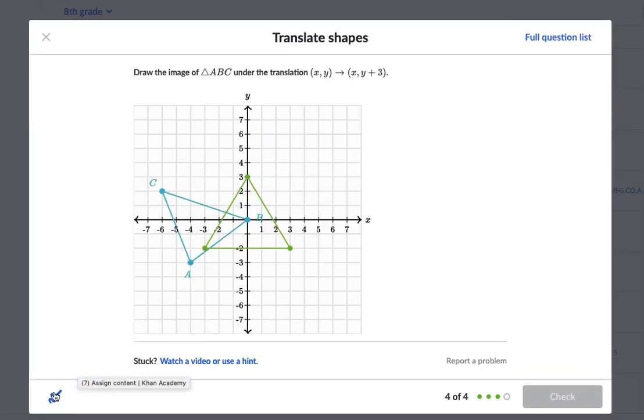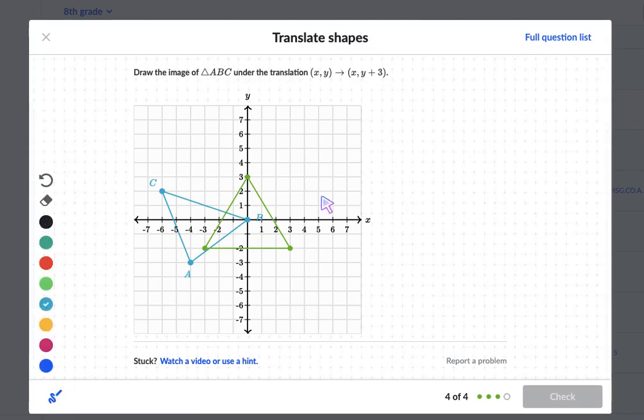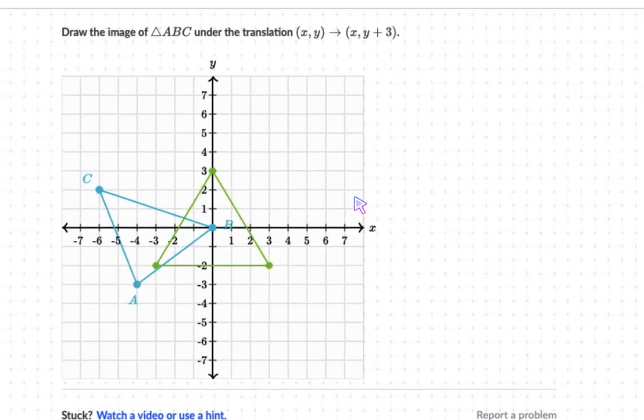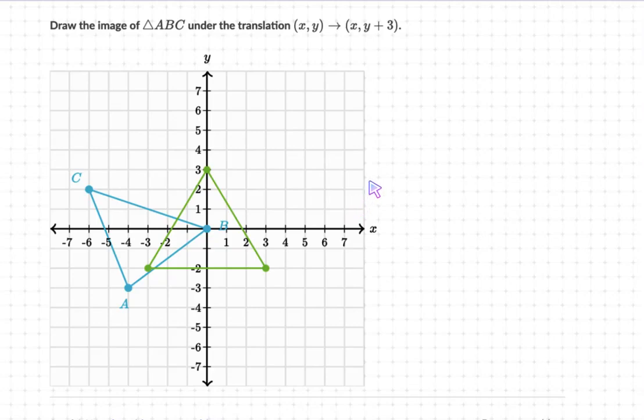The next type of problem that you could encounter is translating shapes. So this is the one where you have to be careful and make sure that you're translating for each point in that figure. Go ahead and pause the video and try this one on your own first. All right, so here they're basically telling you the same directions, but they're written as an ordered pair.